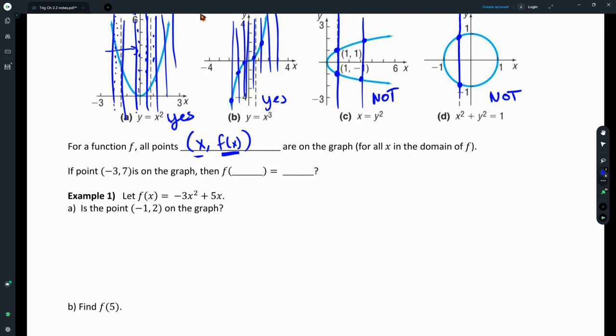All these points are on the graph. So if they give you this point here and they say that it's on the graph, then you know, remember, this is your x and this is your y. So this is -3. f of -3 gives you 7 as the result.